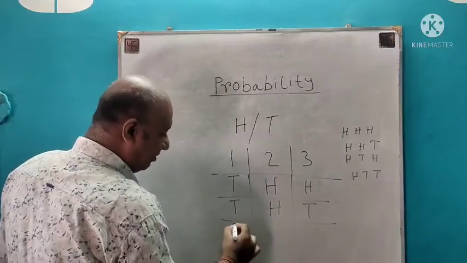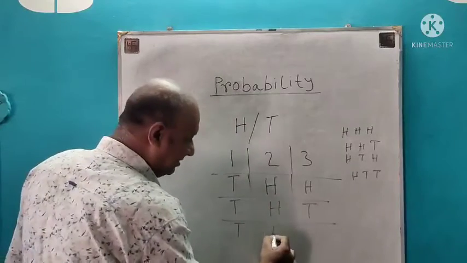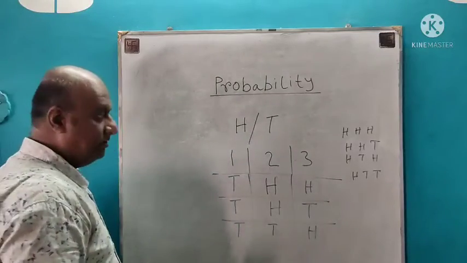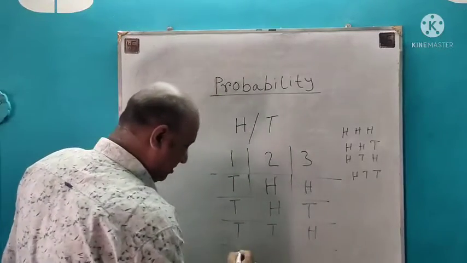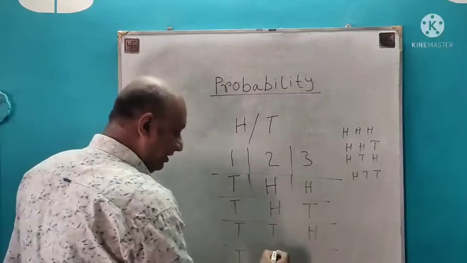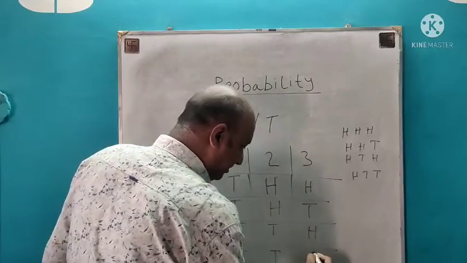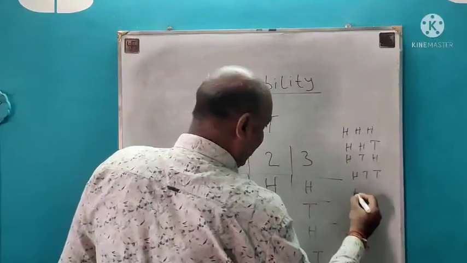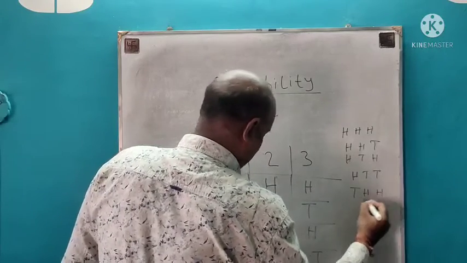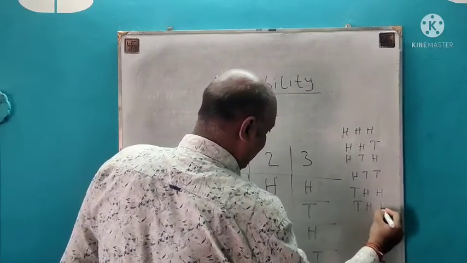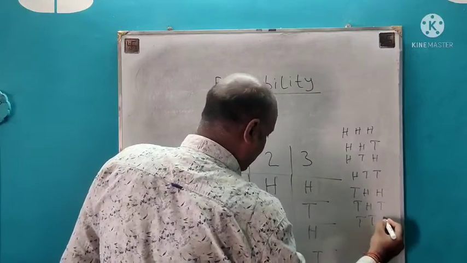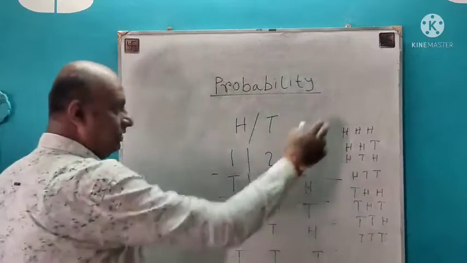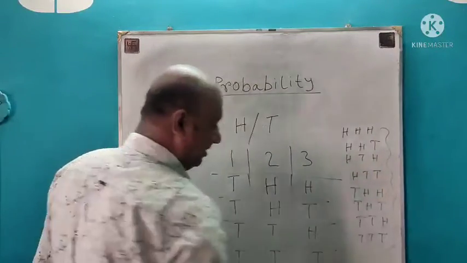Now let's consider we have got a tail in the first coin, tail in the second coin, and then we can get a head on the third coin, and tail in the first coin, tail in the second coin, and tail in the third coin. So 4 more possibilities are there: tail head head, tail head tail, tail tail head, and tail tail tail. So these are 8 different possibilities.